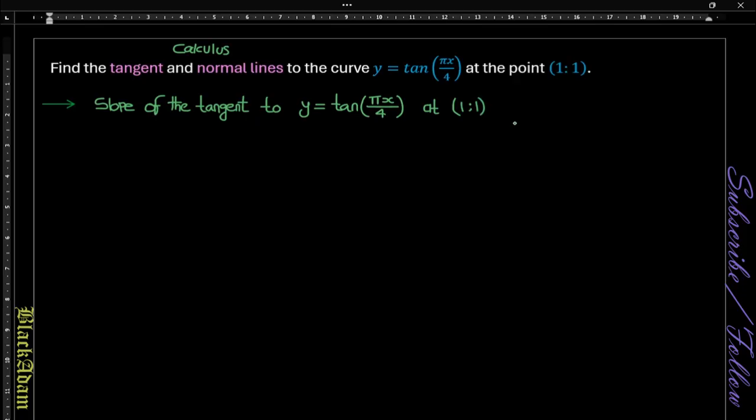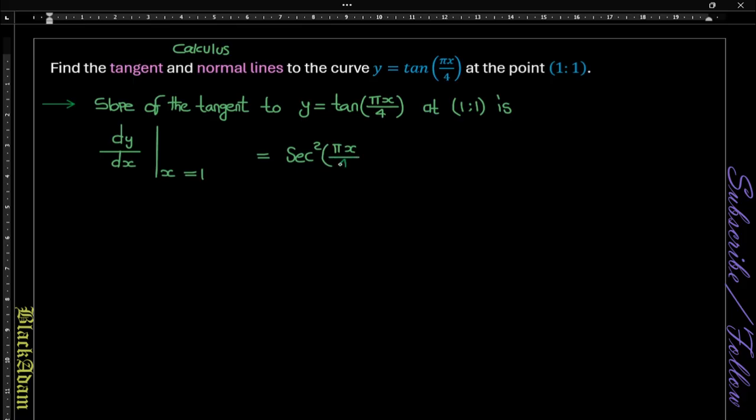We're trying to find the point where x is 1, so we need dy/dx, find the slope in terms of x, and then find the value at x.